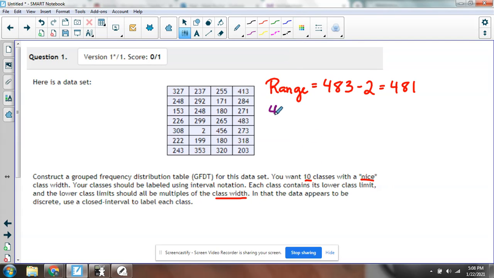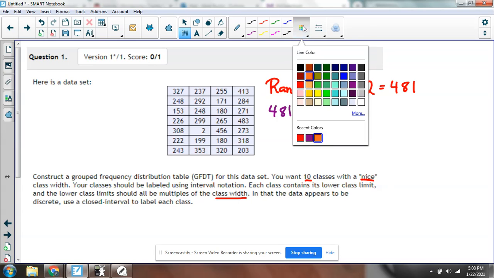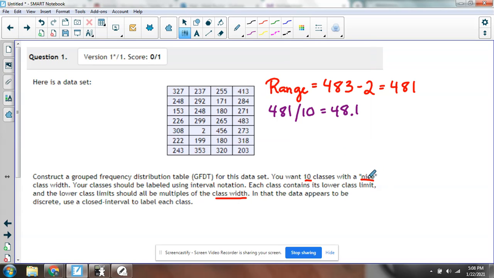As soon as you have the range, the next step, since we want 10 nice classes, is to take 481 and divide it by 10. For all these questions, you're going to want 10 classes, so you'll always divide by 10. So I get 48.1. Now here's the weird part. It wants you to have nice sized classes. This is our class size right now, and that's not very nice. 48.1 is not a very pretty class size.